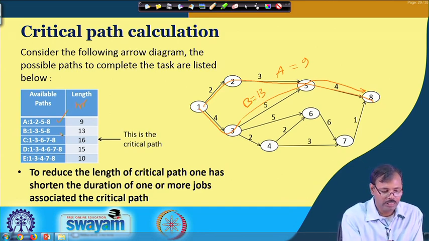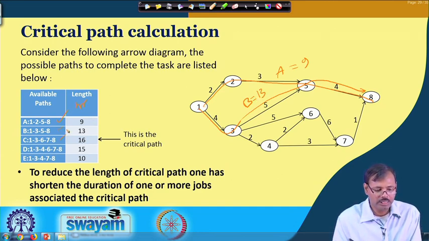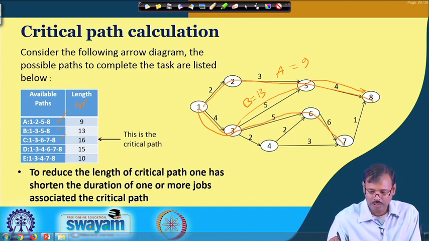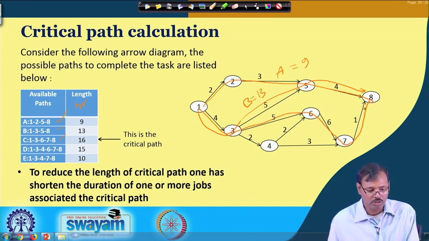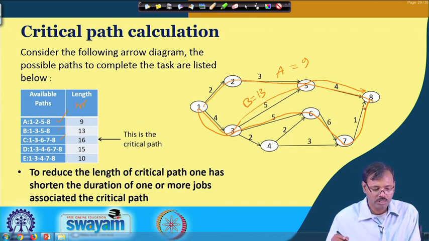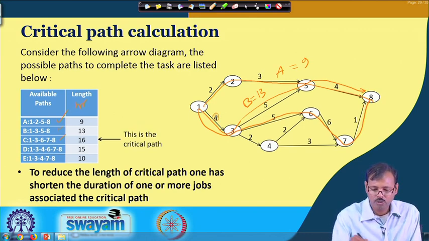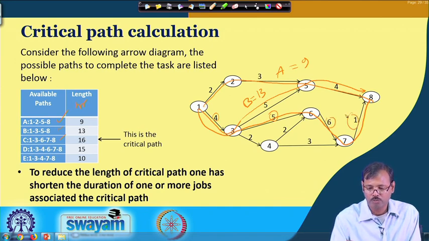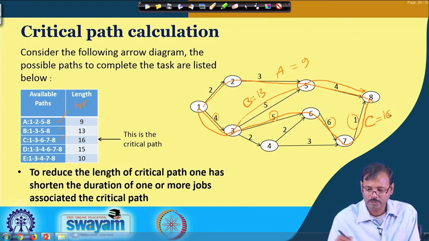The path C is 1, 3, 6, 7, 8. So, this path C is taking 4 plus 5 plus 6 plus 1. So, 4 plus 5 is 9, 9 plus 6 is 15, 15 plus 1 is 16, path C is taking 16 hours.